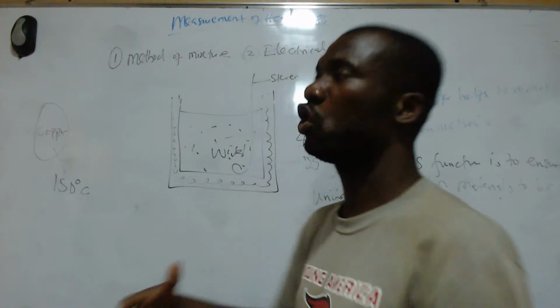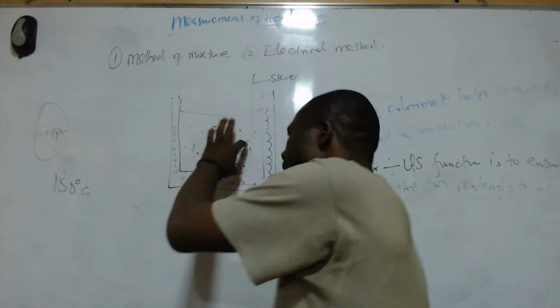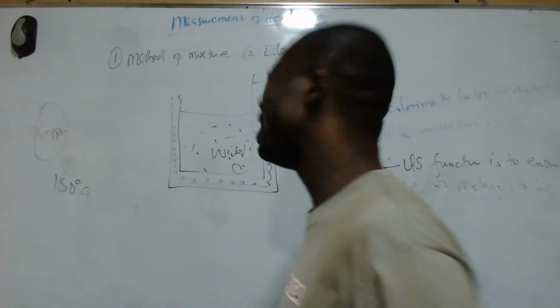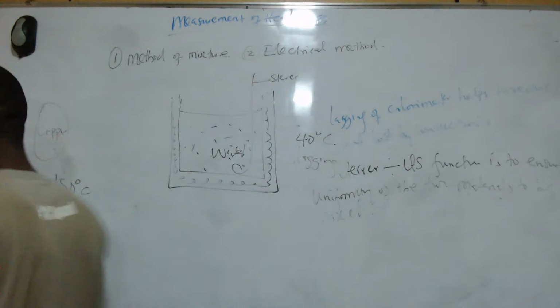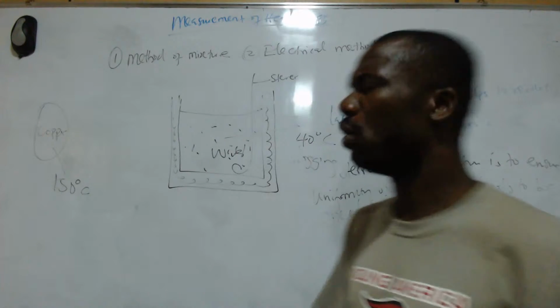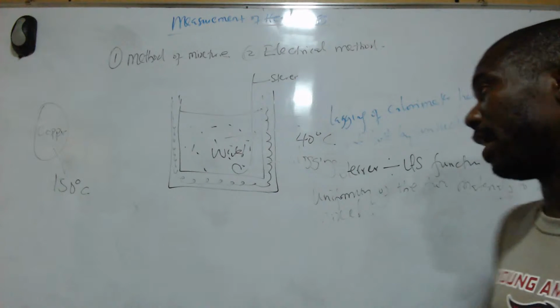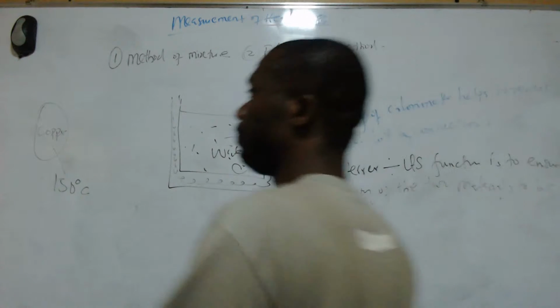Now, to ensure the equal temperature of the system, you need a stirrer. The stirrer will ensure uniformity of the whole system.